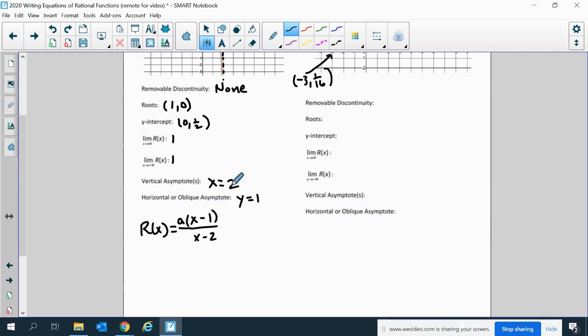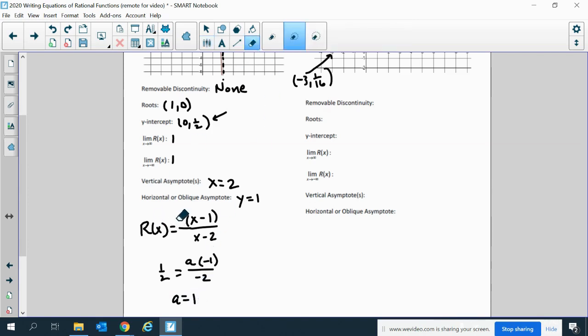and then we see how it goes from here. So if I substitute in a point, for example, the y-intercept (0, 1/2), if I substitute in 0 for x, I get a times negative 1 over negative 2 equals the y value, which is 1/2. So 1/2 equals a times 1/2, a equals 1.